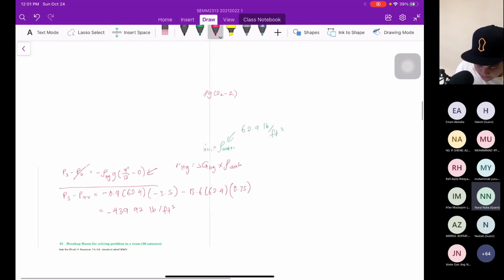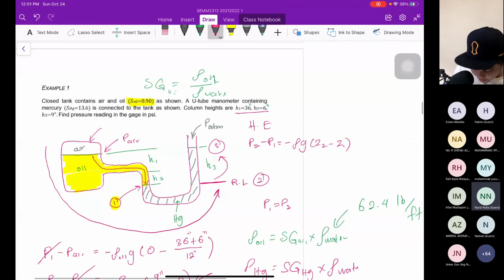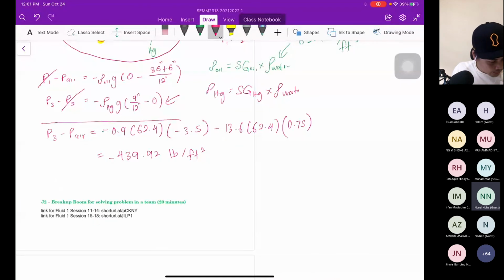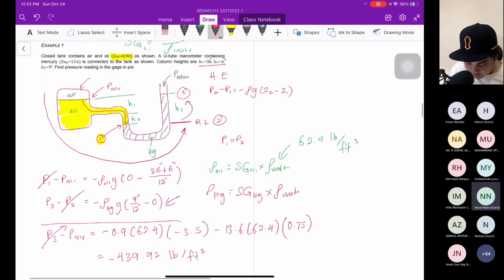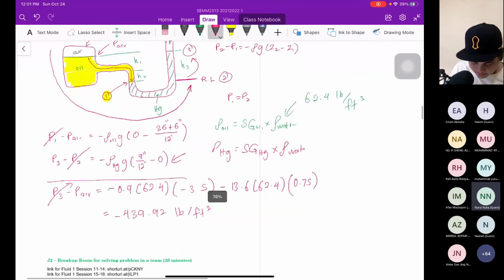Remember that the unit required is pound per square inch, so we need to convert feet squared into inch squared. One foot equals 12 inches, so you can do the conversion. P3 refers to atmospheric pressure.